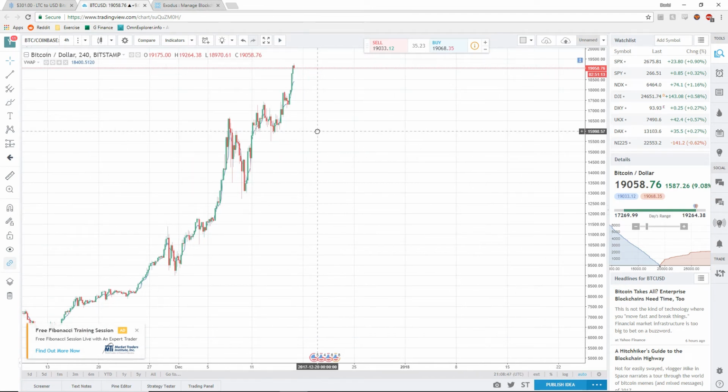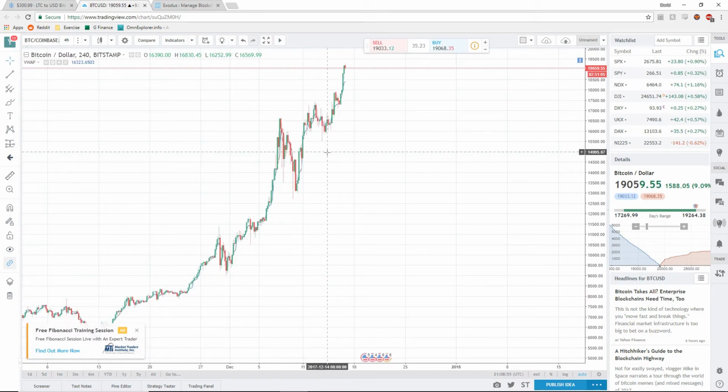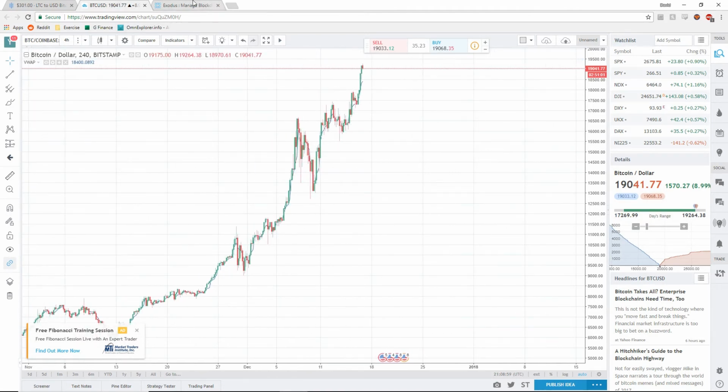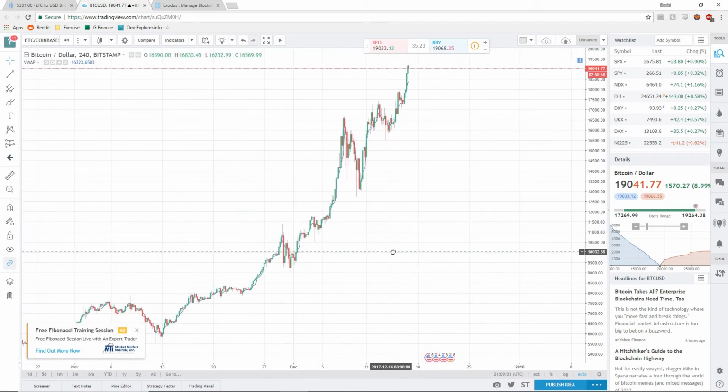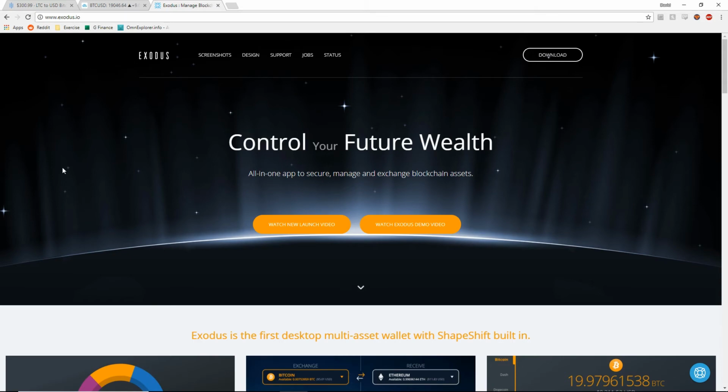It's kind of grounded in how we traded in stocks or futures before. And so if you're interested in using some kind of tool like this, I recommend TradingView for a free charting tool.